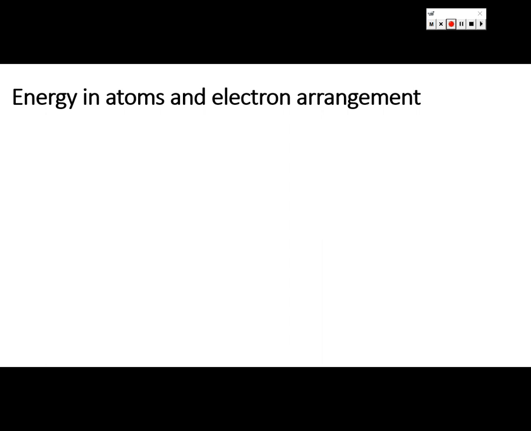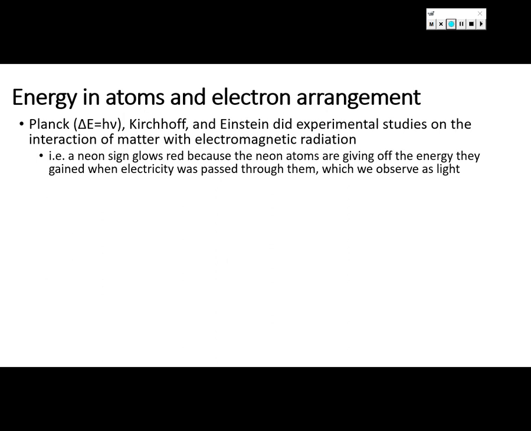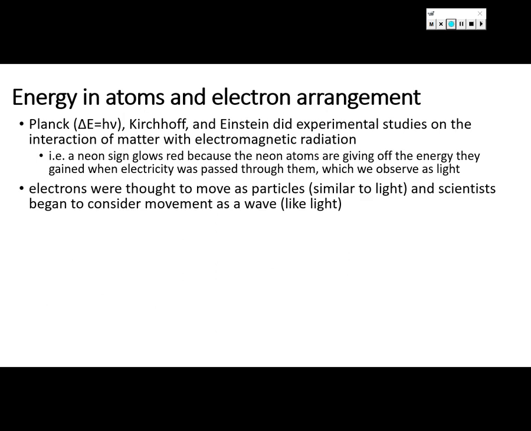Okay, so now on to electrons. And electrons, of course, the movement of electrons is really what chemistry is all about. So there were plenty of scientists, again, across Europe, and depending on what kind of other courses you take, you would talk about Planck and Kirchhoff and Einstein in physics as well.